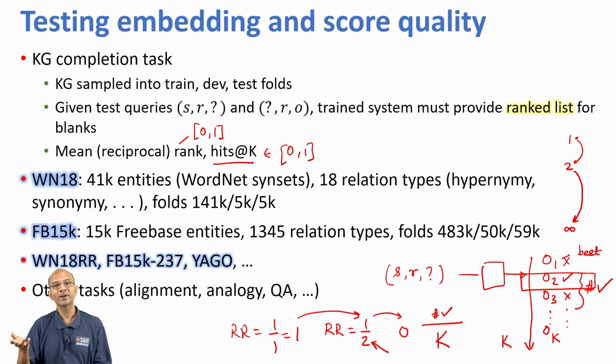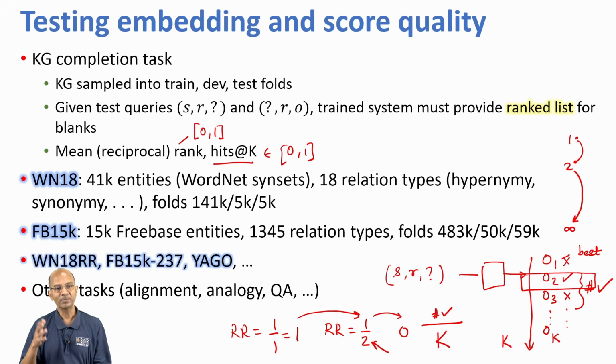The training, dev and test folds have sizes 140,000, 5000, and 5000. And there are 18 relation types. Another popular dataset in use is FB15K, which has 15,000 Freebase entities connected with 1,345 relation types, and the training, dev and test folds have about 480,000 and 50 to 60,000 fact triples in them.